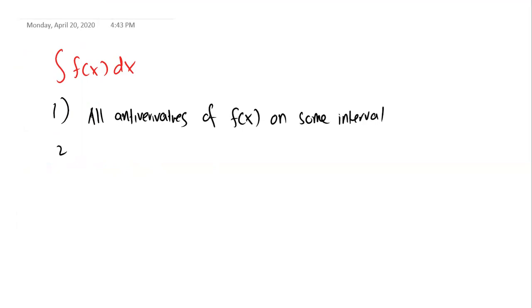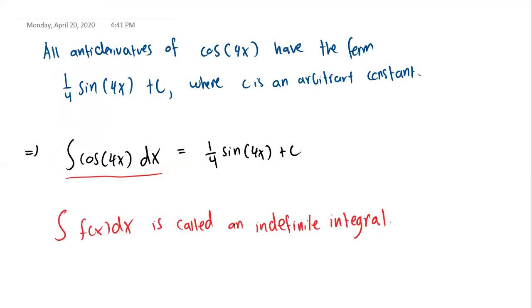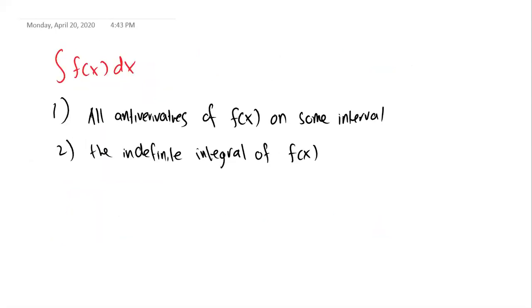And also, this is the indefinite integral of f of x. And in fact, here I should have just written "the" in the previous slide, because as we know, we can find all of them. So this is the indefinite integral of f of x. So whenever you see that notation, integral of f of x dx, think all antiderivatives of f on some interval, and also think the indefinite integral of f of x on whatever interval we're working at.